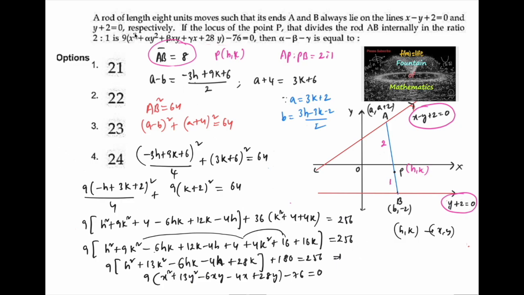Now comparing with the given equation, we have alpha is equal to 13, beta is equal to minus 6, and gamma is equal to minus 4. So that alpha minus beta minus gamma is equal to 13 plus 6 plus 4, which is equal to 23. So 23 is the answer, which is option C.